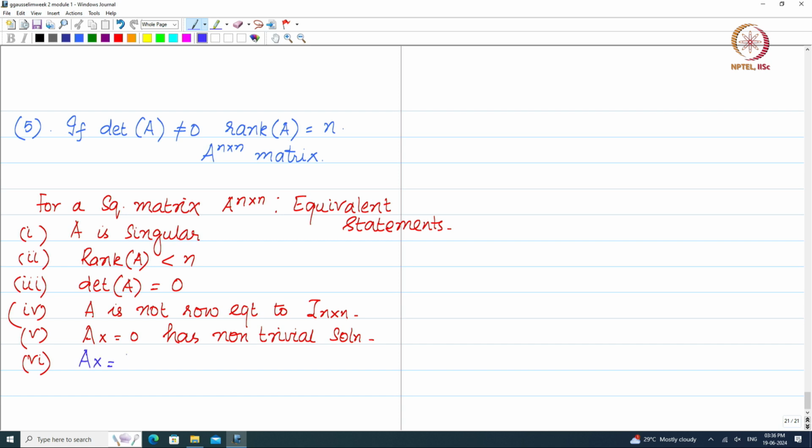Ax is equal to b does not have a unique solution. That means no solutions or infinitely many solutions.